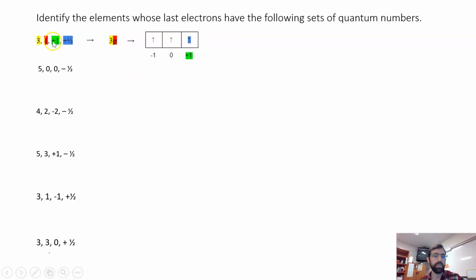Okay, so the green quantum number told me it's on this orbital. The blue one told me it's an up arrow. Now I can count my electrons. 1, 2, 3. That's 3p3. Okay, now we could find that on the periodic table. Go to the third row, the P block, and find the third element, that is phosphorus.